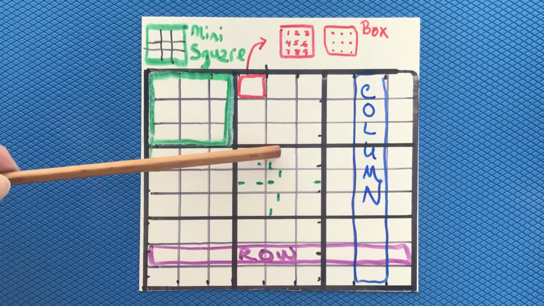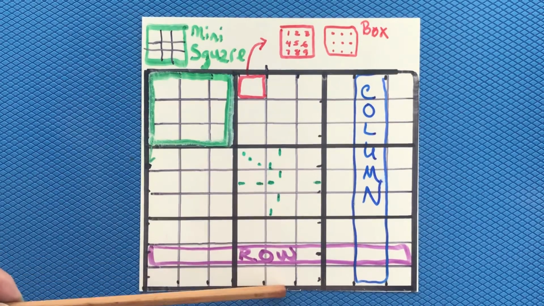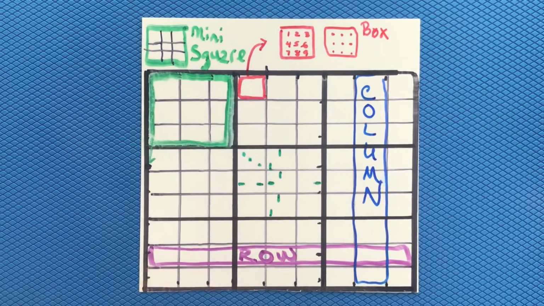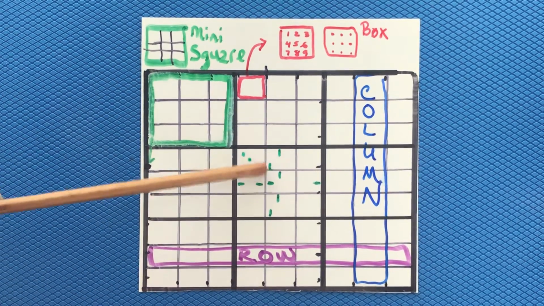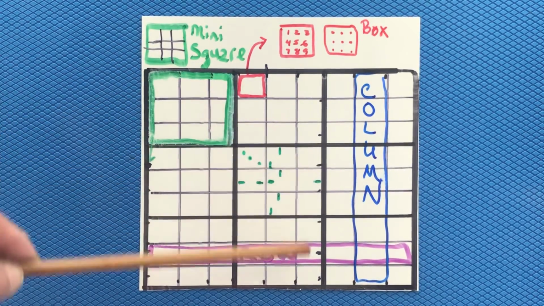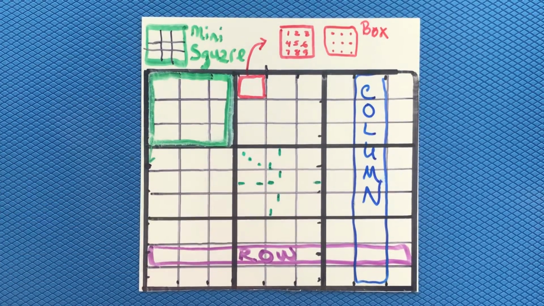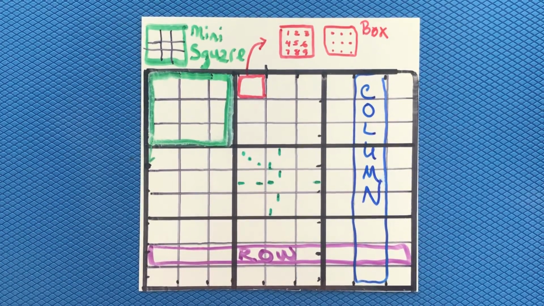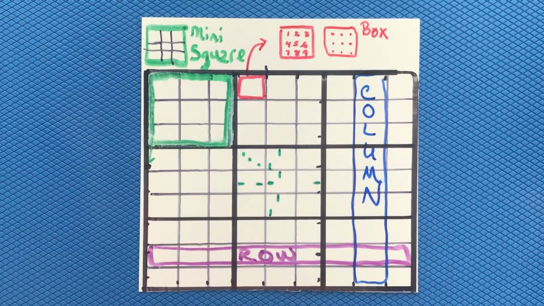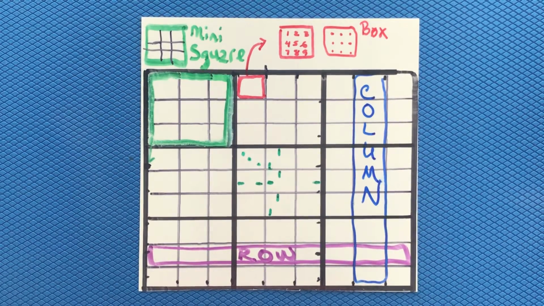So here I have 2s indicated. There could not be 2s here. There could not be 2s here. I have a 7. There could not be 7s here, nor 7s here, nor could there be a 7 in that box. The uses of these dots and dashes will be clearer when we work on a puzzle.